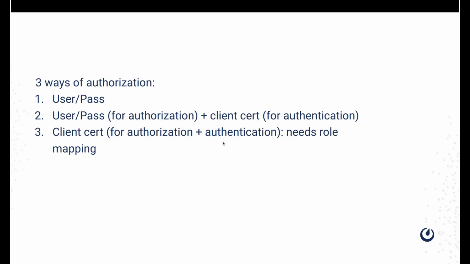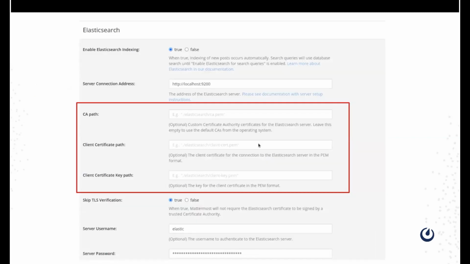And the best part is that Elasticsearch figures out all of this automatically. So from our side, if you just keep these fields empty and set username and password, we'll just send everything. And if you set all of these 3 fields and username and password, we'll also send everything. And all of the configuration is done on the Elasticsearch side.